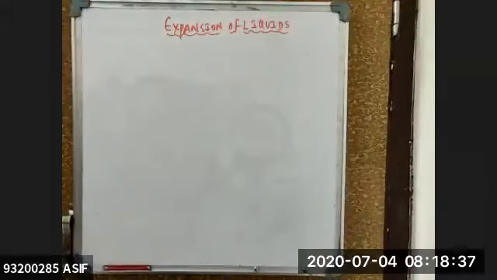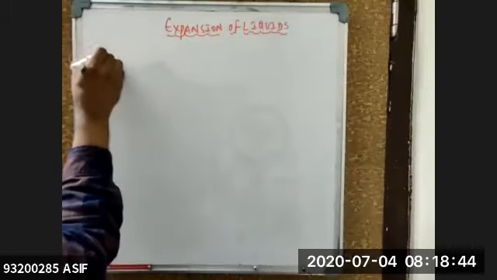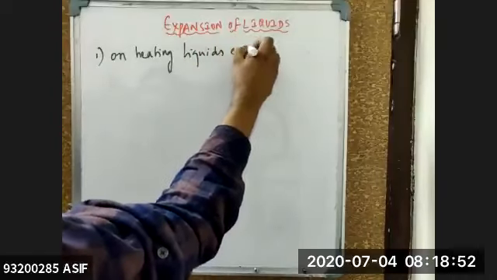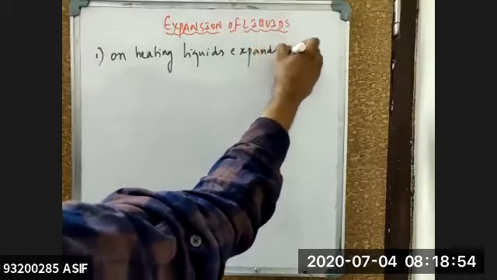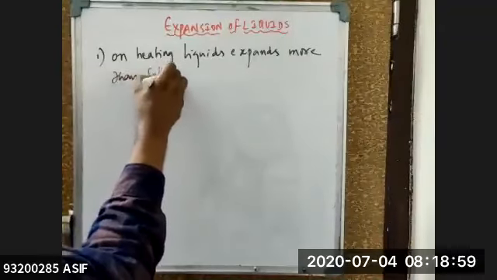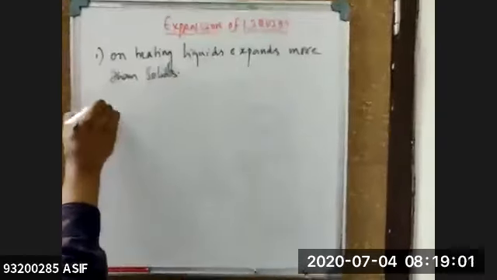So can I say that solids have less expansion compared to liquids? Can I tell that, beta? So write the first point: on heating, liquids expand more than solids.